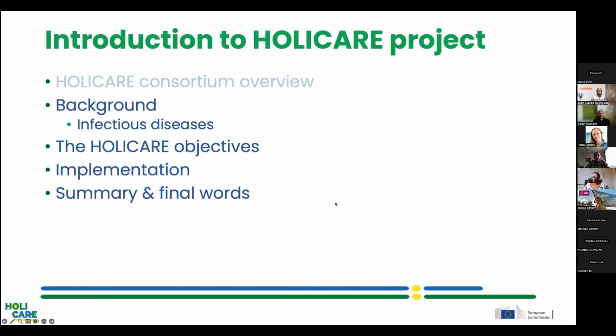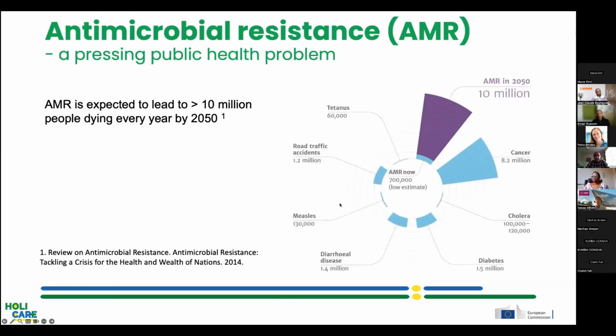So very briefly, infectious diseases: I guess most of you might have seen this picture. This was a review from 2014, illustrating that by the year 2050, antimicrobial resistance-related mortality is going to surpass cancer and will be the number 1 mortality globally.